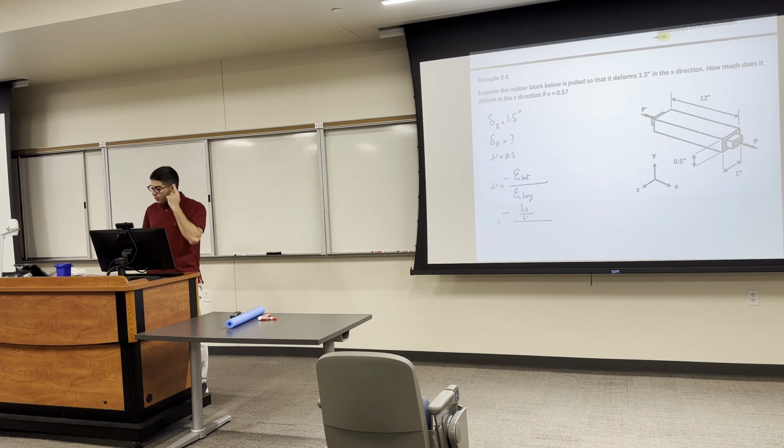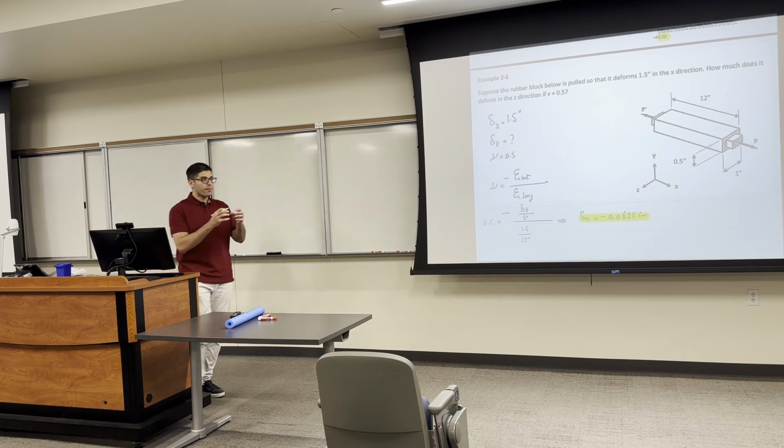In the longitudinal direction, I have delta x over 12 inch, which is delta x over L. So instead of delta x, I can write 1.5 inch. And the whole thing is equal to 0.5. Again, plug it in your calculator, and you will get delta z is equal to negative 0.0625 inch.